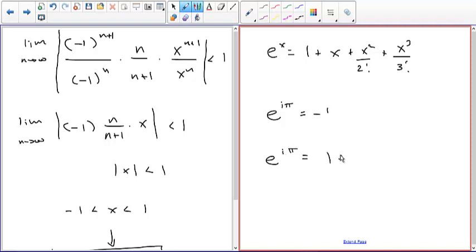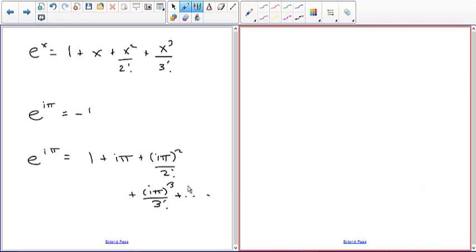So you'd have 1 plus i pi plus (i pi) squared divided by 2 factorial plus (i pi) cubed over 3 factorial plus dot dot dot. Here you have i squared, which is -1, so that'll be negative. So it'll be -1 times pi squared over 2 factorial.